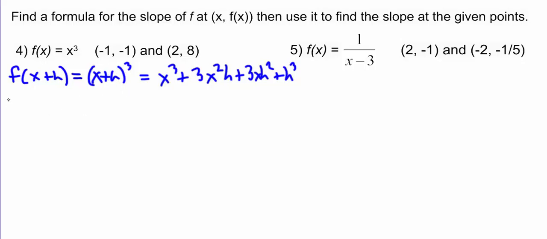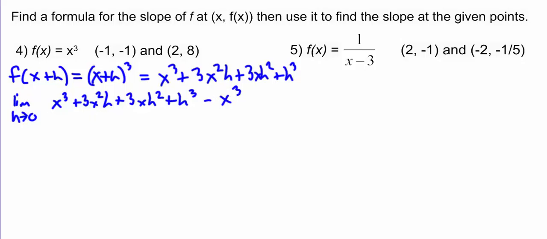Let's evaluate this. So the limit as h approaches 0 of f of x plus h, that's what we just found, x cubed plus 3x squared h plus 3x h squared plus h cubed minus f of x, which is x cubed, all divided by h.